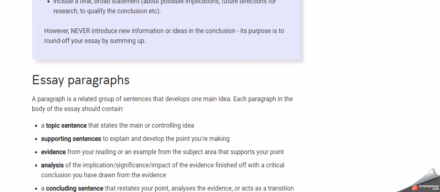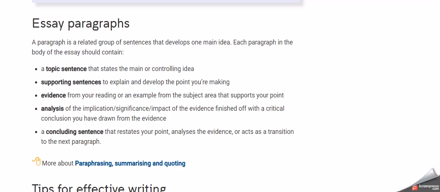Now for the essay paragraphs. A paragraph is a related group of sentences that develops one main idea. Each paragraph in the body of the essay should contain a topic sentence that states the main or controlling idea, supporting sentences to explain and develop the point you are making, evidence from your reading or an example from the subject area that supports your point, analysis of the implication or significance or impact of the evidence finished off with a critical conclusion you have drawn from the evidence, okay?